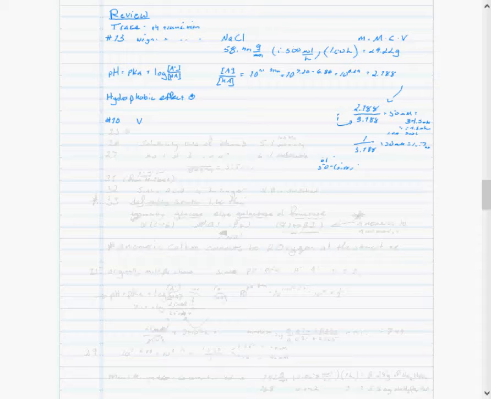How many liters do you have in a cubic meter? 1,000. 1,000, right? A liter is a cube of 0.1 meter. So you have 10 of those along every edge. So 10 times 10 times 10 is 1,000, right? So we have liters now, and now you have molarity given.